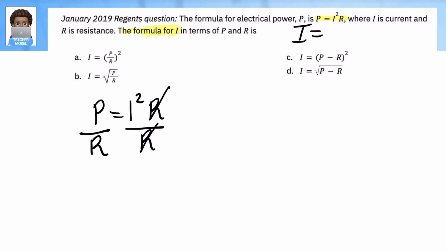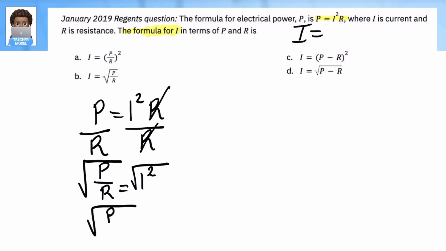And now I have P divided by R is equal to I squared. But I want I by itself, so I just don't want it squared. So I'm going to find the square root, and whatever I do to one side, I have to do to the other. So the square root of P divided by R is equal to I.